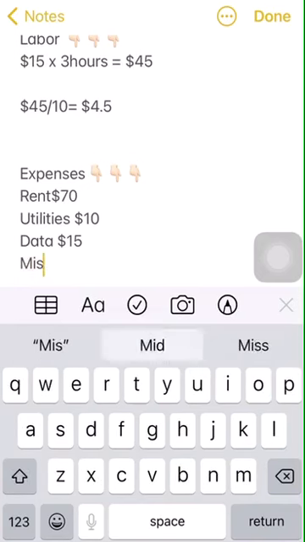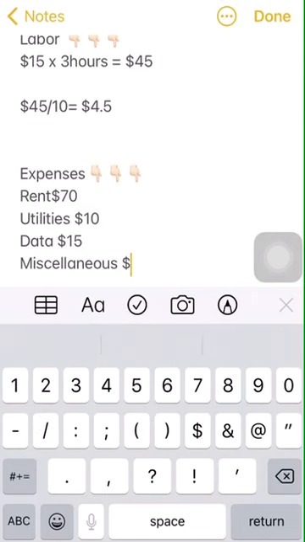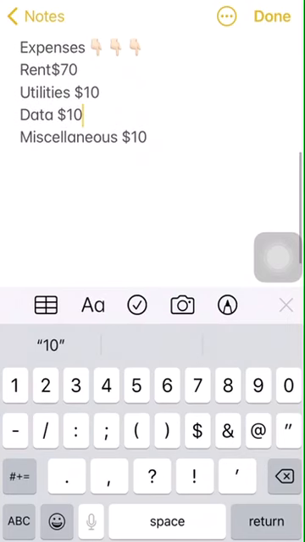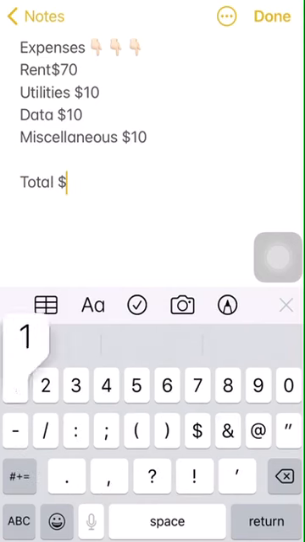Then others is part of the miscellaneous. So let's say that one will be $10. Is that it? So let's make the data also $10. So the total will be $100.